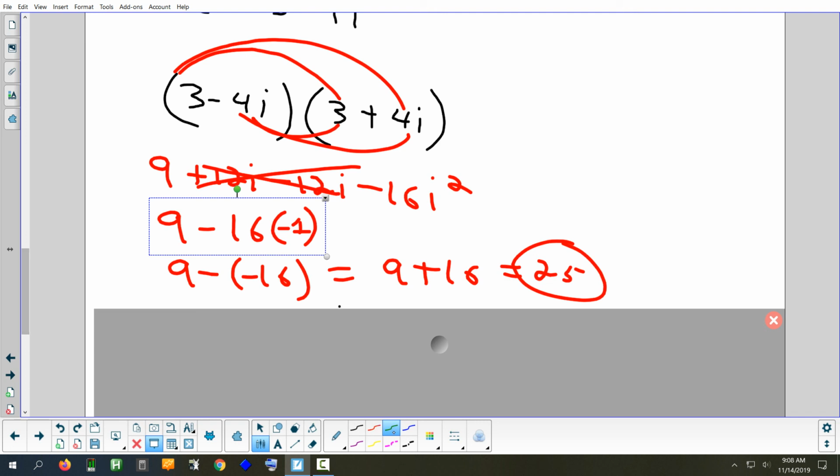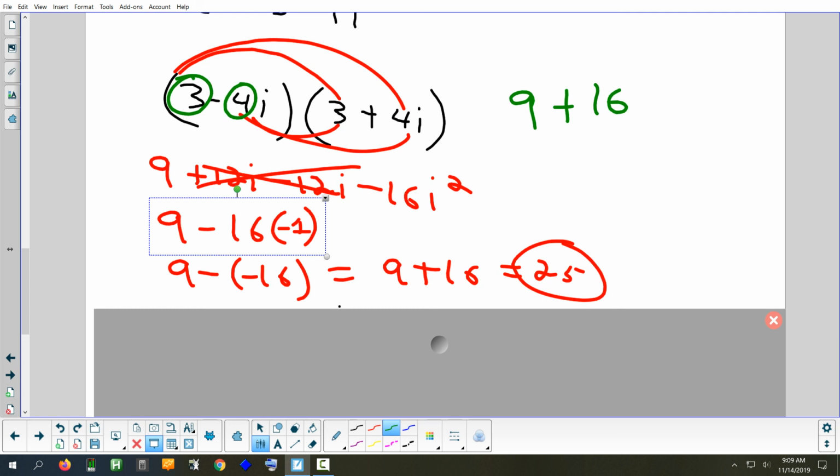All you have to do is look at the first number and ask yourself, what's 3 squared? 9. Take the other number. Doesn't matter if it's positive 4 or negative 4. What's 4 squared? 16. And then you add those up and you get 25.